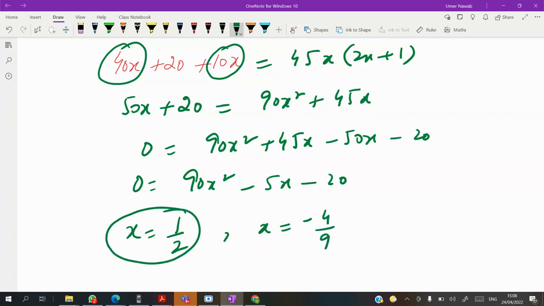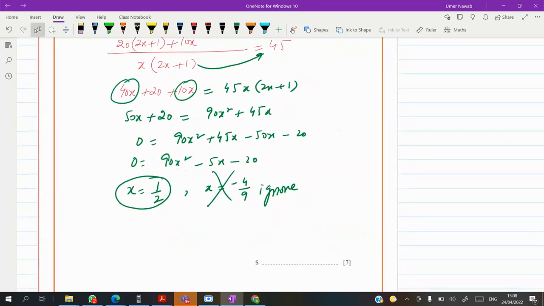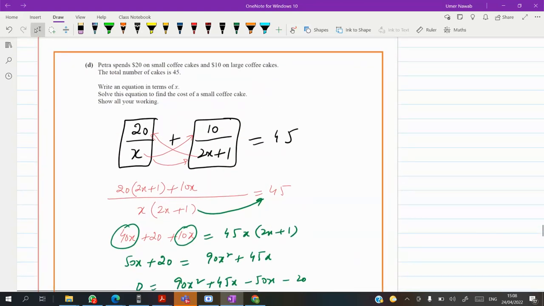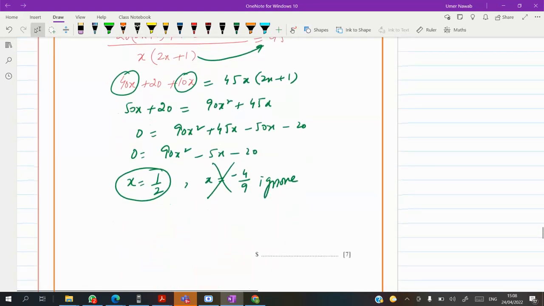So we will ignore the negative value because x cannot be negative. He said to find the cost of a small coffee cake. The cost of a small coffee cake was x. So that is $0.5.